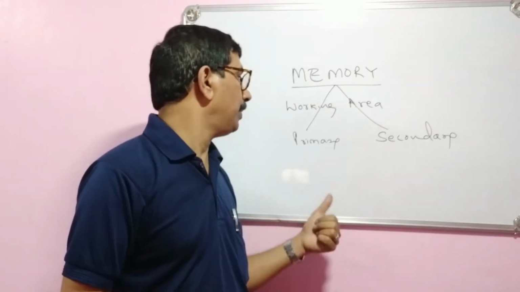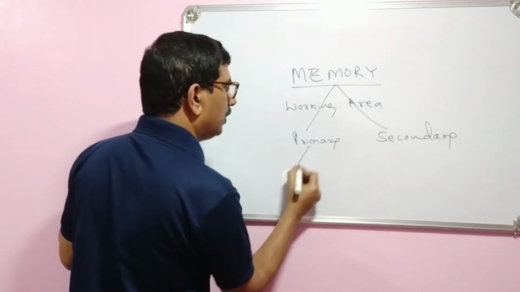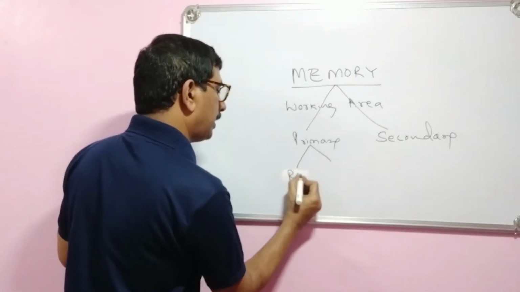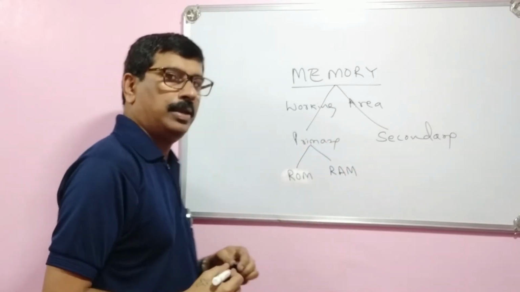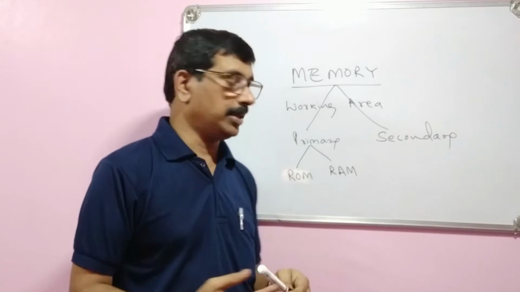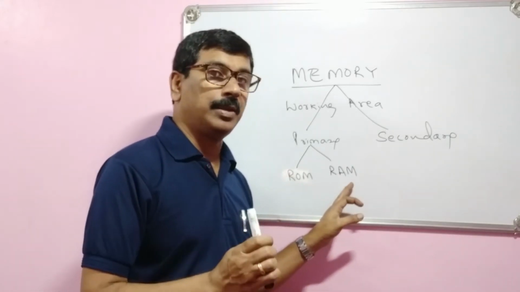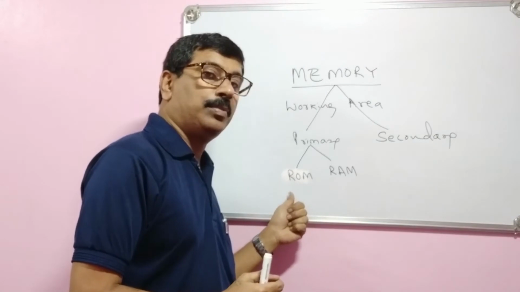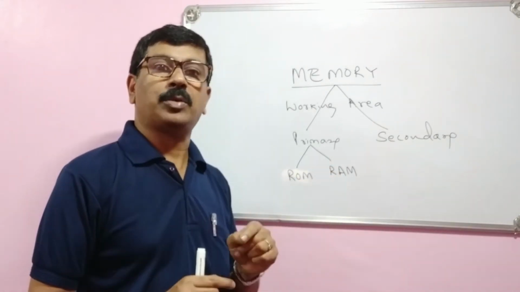And the primary memory is classified into two types again, ROM and RAM: read-only memory and random access memory. Read-only memory means we can read the information, but writing onto that memory is not possible.